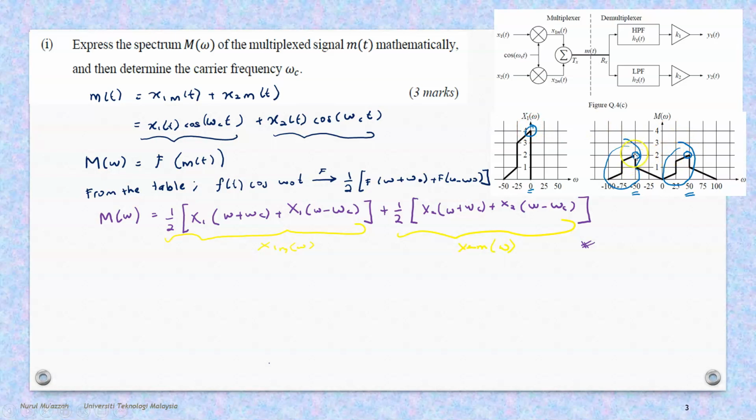The highest amplitude here is 2, and it happens at omega equal to negative 50 and also 50. So from the figure, it can be determined that omega c is equal to 50 radian per second. Don't forget the unit here. So now we have answered question number 1.